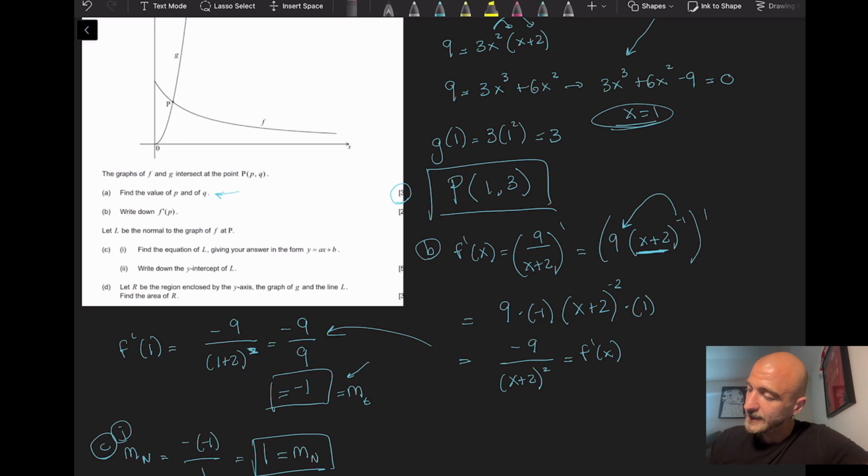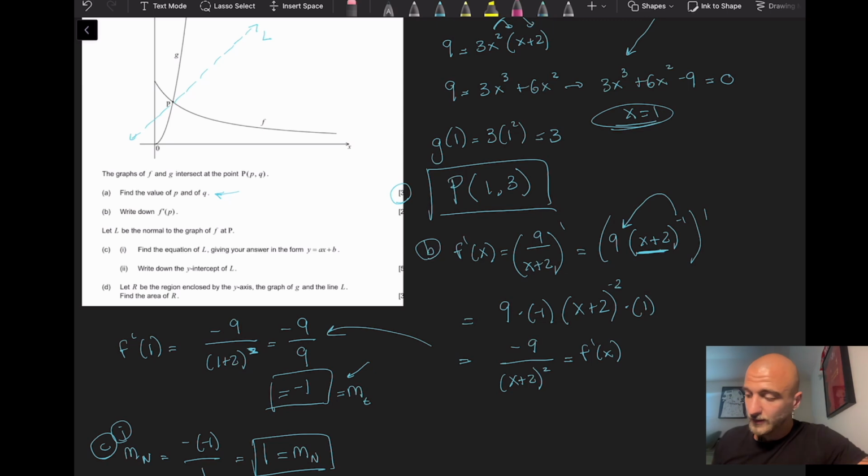Part D asks us: let R be the region enclosed by the y-axis, the graph of g, and the line L. Actually, I should have probably kept line L in this, so I'm going to redraw it. This was line L. There we go.